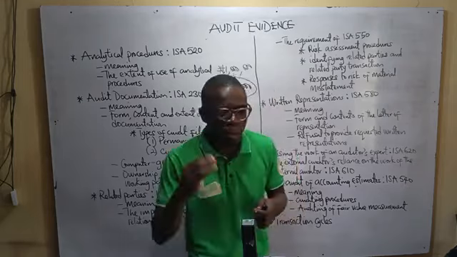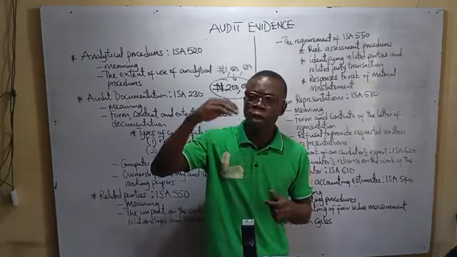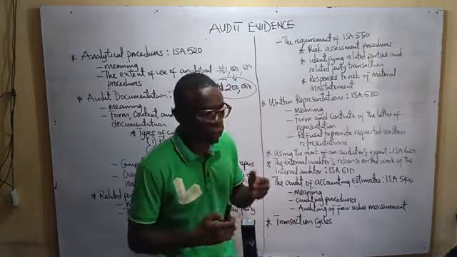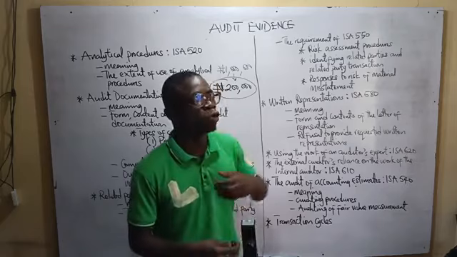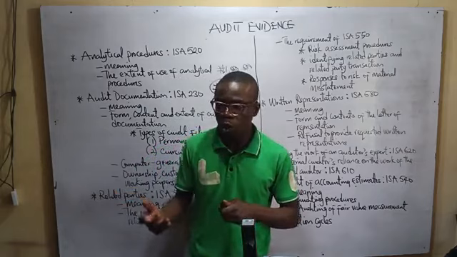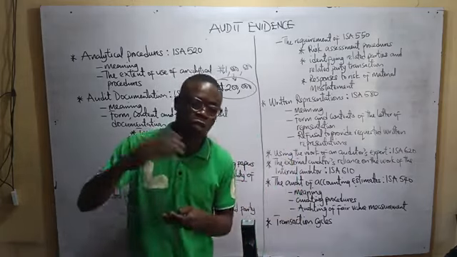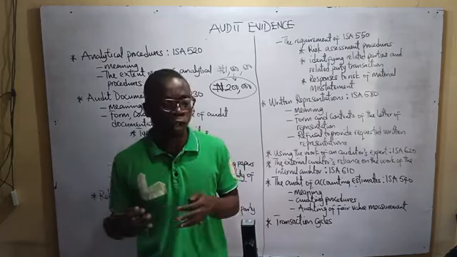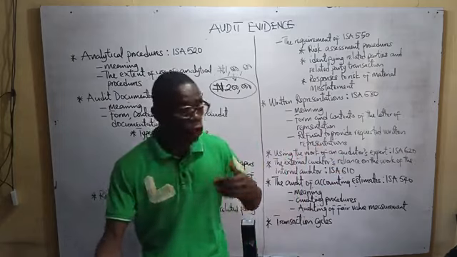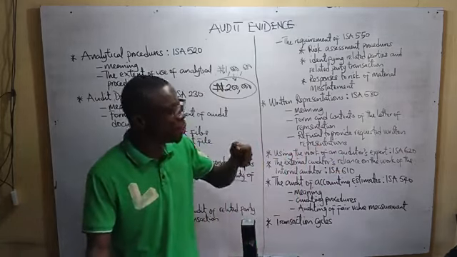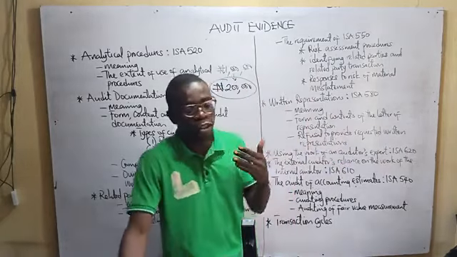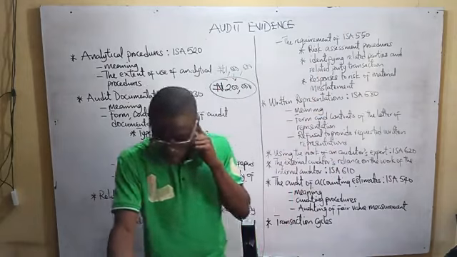Once you review them, there may be some areas where the minutes will expose that they sold a particular item to one of the shareholders, or one of the shareholders bought a particular item from the organization. That means he will be able to expose that, so he can use the minutes of shareholders' meetings to identify that there is a related party or related party transaction.